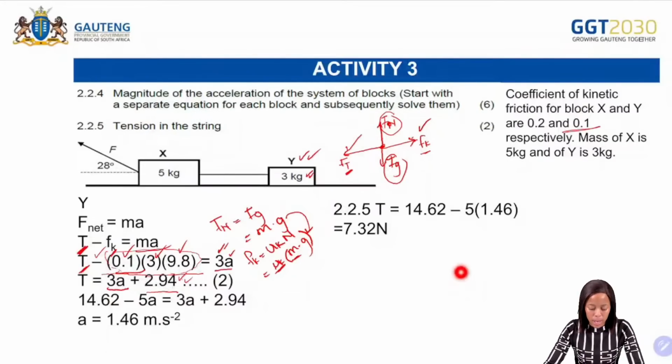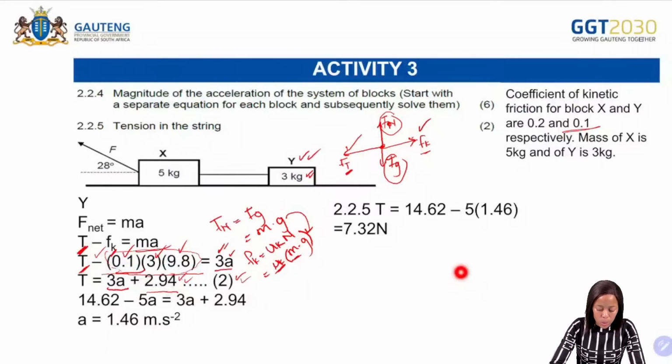Again, remember, you need to make T the subject of the formula, and you must make sure that it remains positive. That will be your equation number 2.